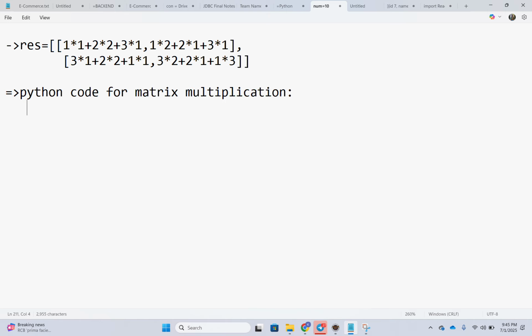Initially I'm going to discuss the tough one. If you are familiar with the previous video, no problem. So I'll consider matrix here. This is the Python code. Just assume I'll try to execute this code in PyCharm, in an editor also.